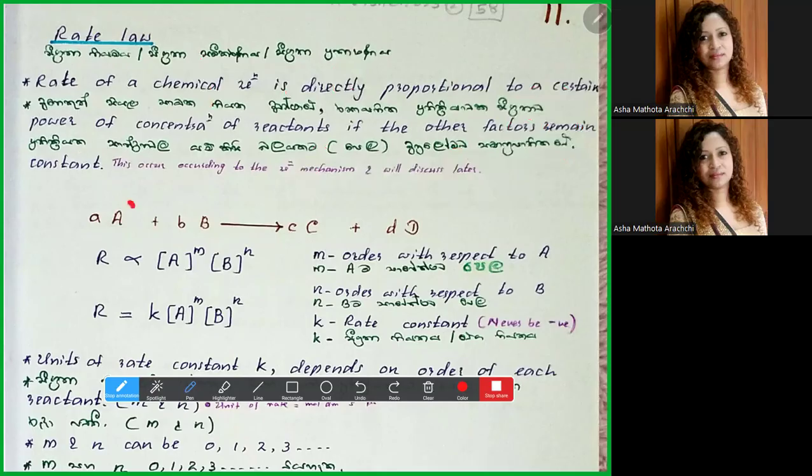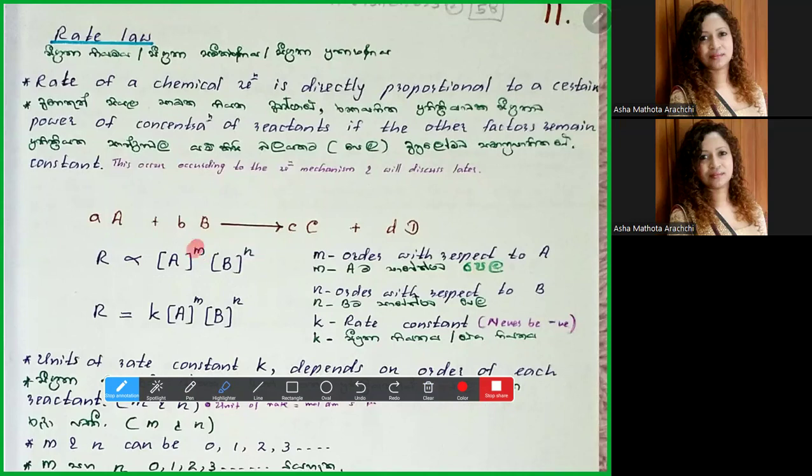Then let's say we have A and B, two different reactants. Then we are raising them to some sort of a power. This power may be equal to stoichiometry, maybe not equal to stoichiometry. Let's consider that later. Anyway, some sort of a power, and this power is called the order.